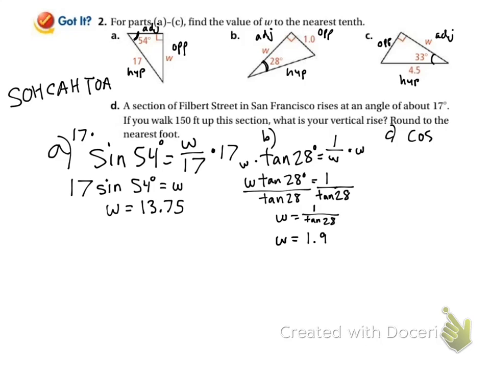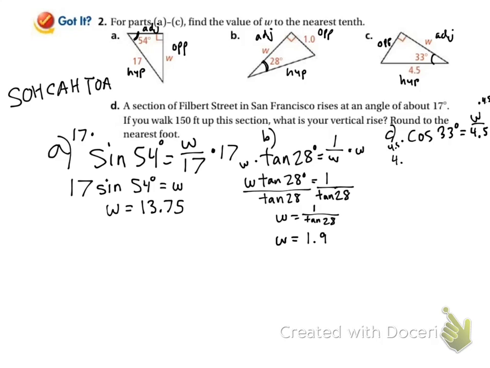So, cosine of 33 degrees is equal to, we're going to do adjacent over hypotenuse, so we get W over 4.5. So then I need to multiply both sides by 4.5.